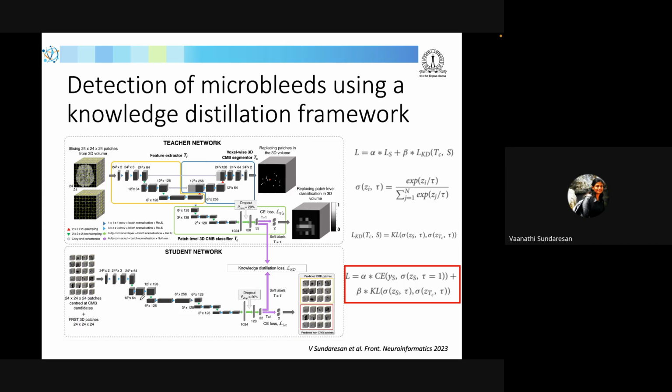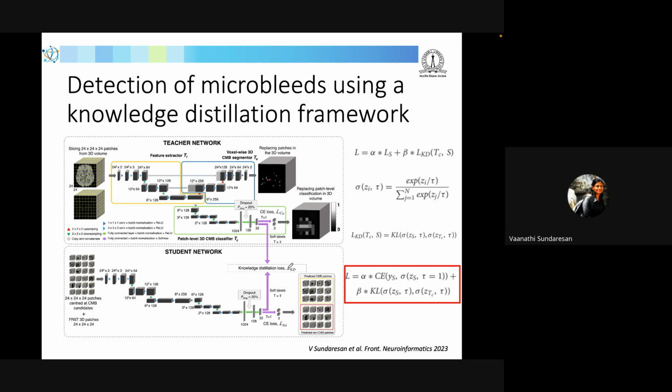Now, if you look at the student model, it basically has a subset of the architecture of the teacher model. It has only the feature extractor and the classifier. The idea is that for the candidates that come from the first stage, we want to discriminate the microbleeds from the mimics. So here we are able to do that, right?